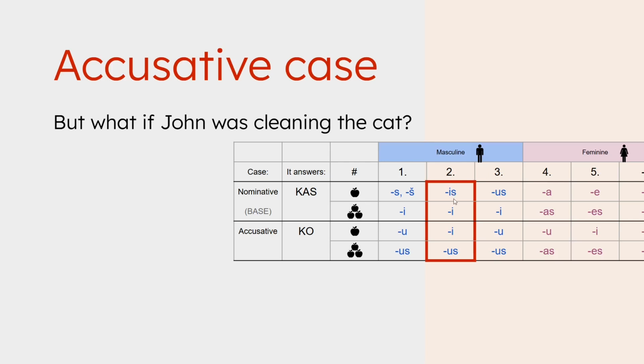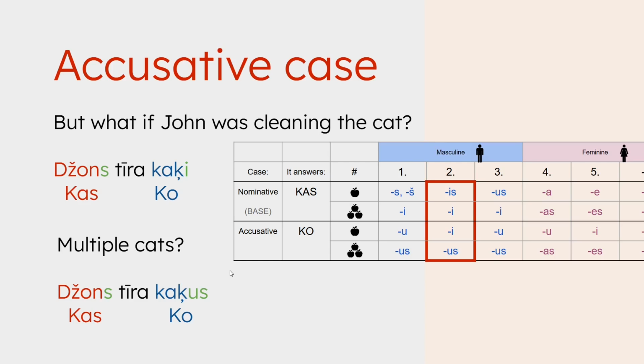Second declension though, we go down to the accusative section, we find singular again, and now we have I, not u, but because it's the second declension, we have I. Johns, who is now our nominative, because he is doing the action. Tira is the same verb, and then kaki is now our kua, our object, because the cleaning is happening to the cat, which means it's not kakis anymore, it is kaki.